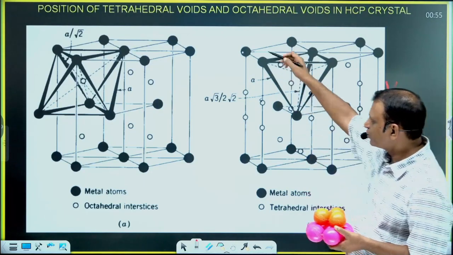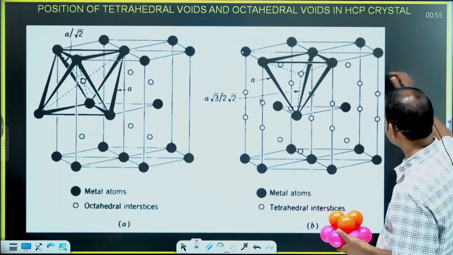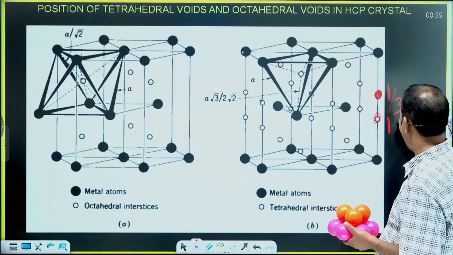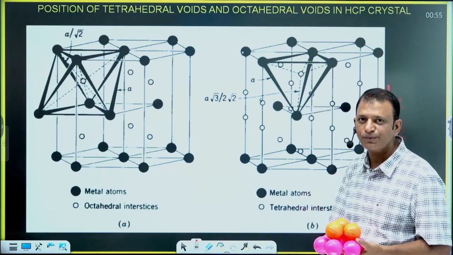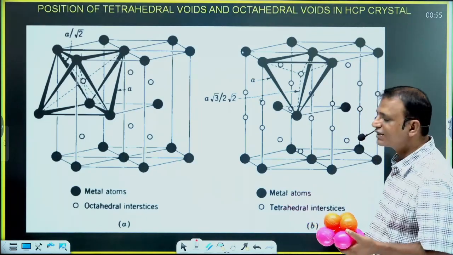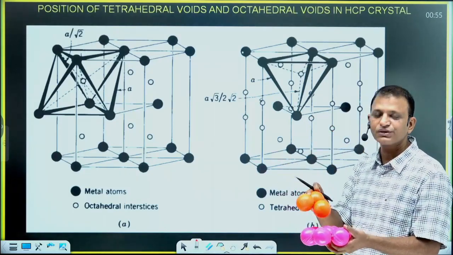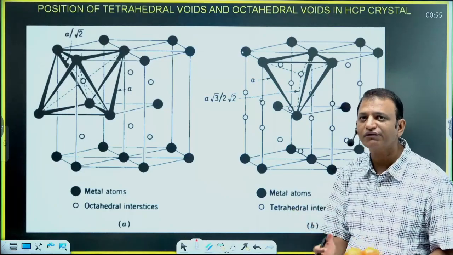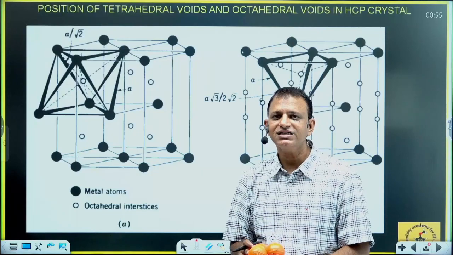There are a total of 6 such vertical lines, and on each line there are two tetrahedral voids with contribution 1/3, right? So 6 into 2 is 12, 12 into 1/3 is 4. Because of what we discussed for the center one, there are 8 which are inside. So the total number of tetrahedral voids will be 4 plus 8, that is equal to 12.